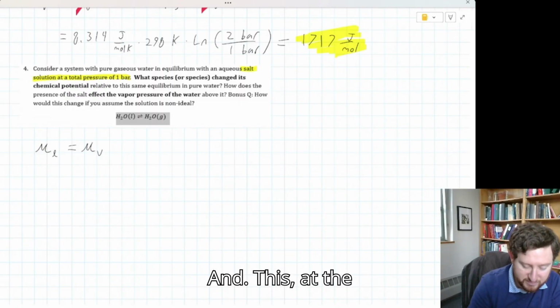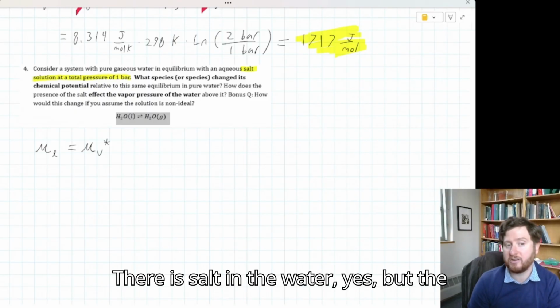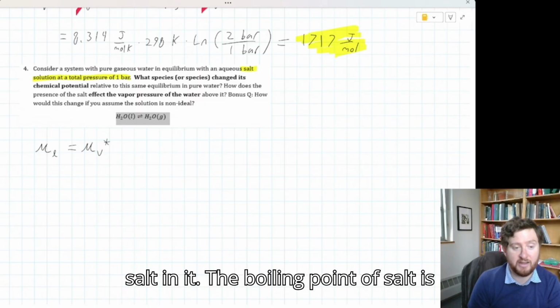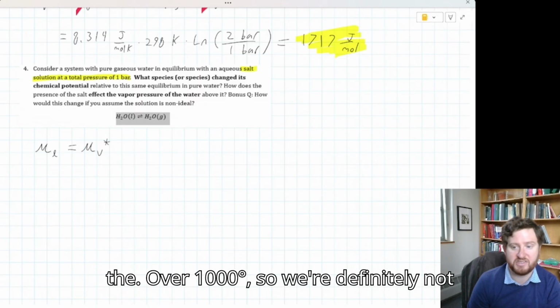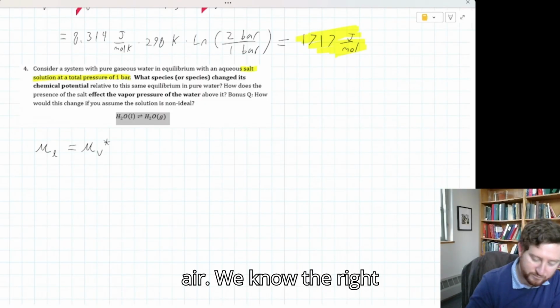And this, at the very least, is a pure substance. Right? There is salt in the water, yes, but the gas, the water vapor, doesn't have any salt in it. The boiling point of salt is, I don't know, over 1,000 degrees. So we're definitely not going to have any gas phase salt in the air.